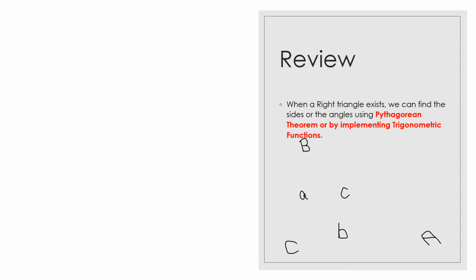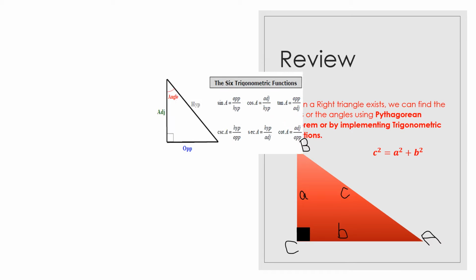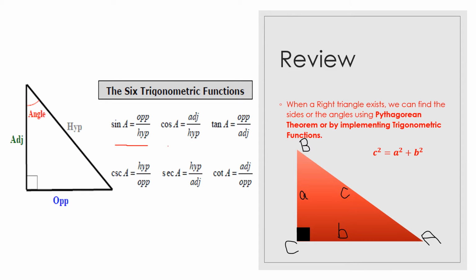First, let's review. If we have a right triangle, we find the sides and the angles using Pythagoras theorem or using the trigonometric functions. So these are the 6 trigonometric functions: sine A equals opposite over hypotenuse, cosine A is adjacent over hypotenuse, tangent A is opposite over adjacent, cosecant is 1 over sine, secant is 1 over cosine, and cotangent is 1 over tangent.